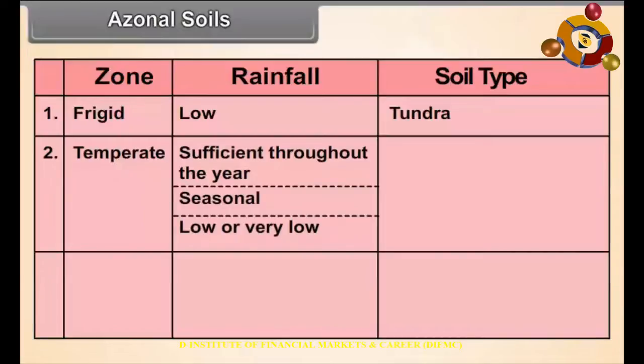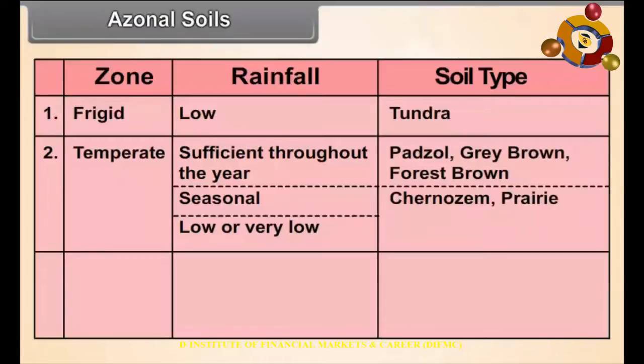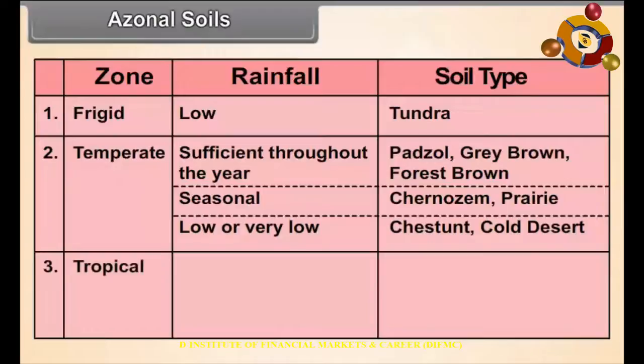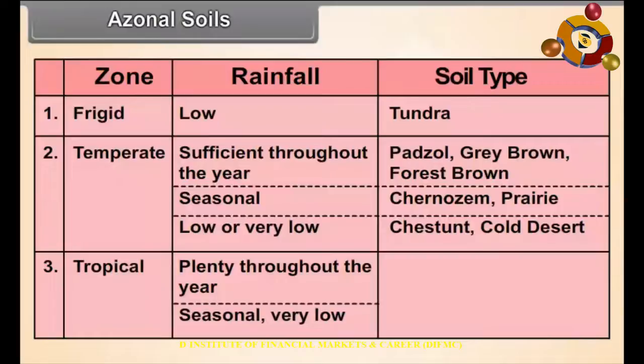Soil type, podzol, grey-brown, forest-brown, chernozem, prairie, chestnut, cold desert. Zone, tropical. Rainfall, plenty throughout the year, seasonal, very low. Soil type, tropical, red, laterite, regur, red desert.